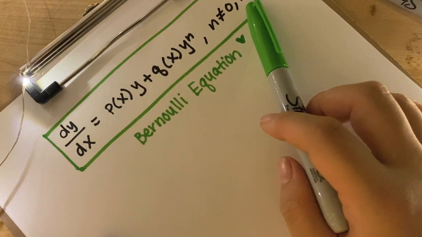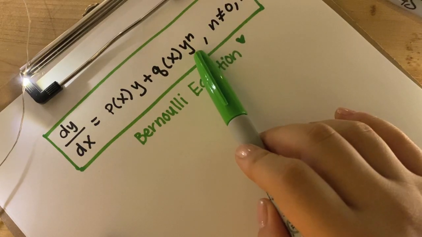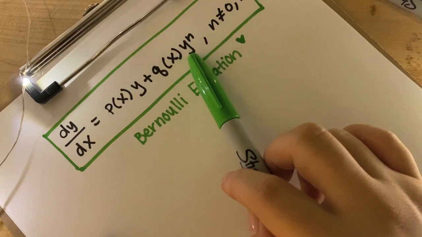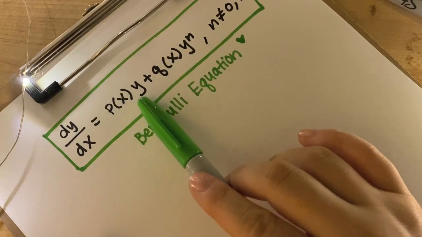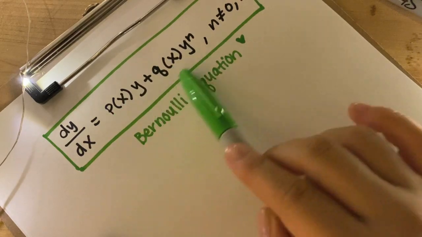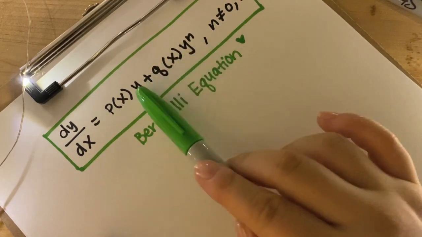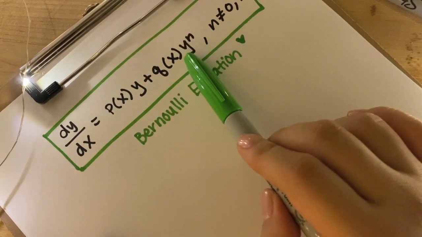And if n is 1, then we would have y to the 1 here, which is just y. Anything to the 1 is itself. And then that would leave us with p of x times y and q of x times y, which we could combine and factor out a y. So we could do p of x plus q of x in parentheses times y.